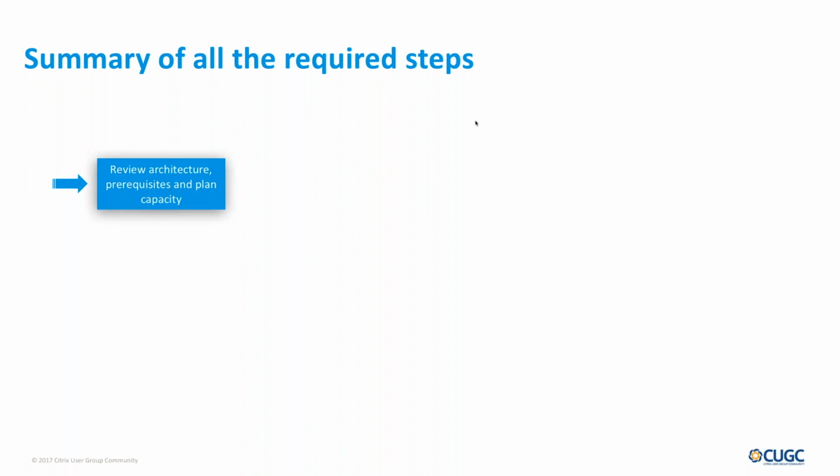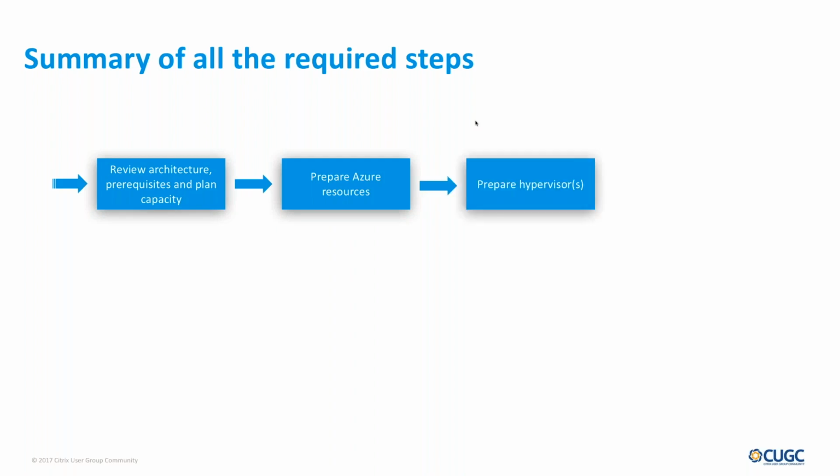Here you can use the Excel sheet that I shared with you in some previous slides. Then we go to preparing the Azure resources, so the Azure Site Recovery preparation that I'm going to show you in the next demo needs to be done.